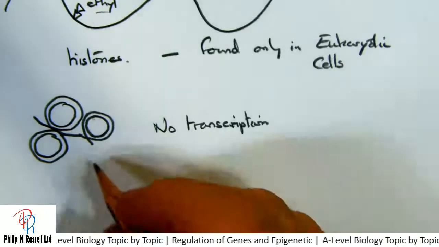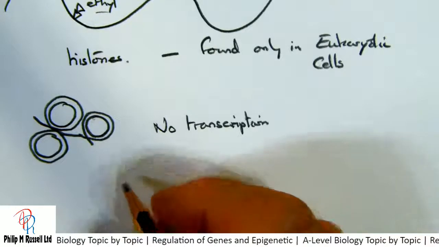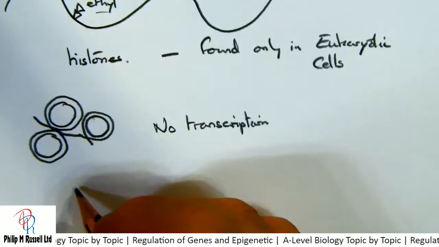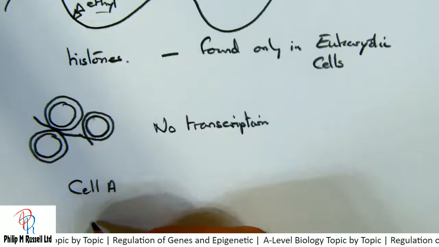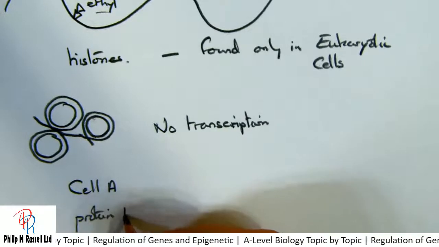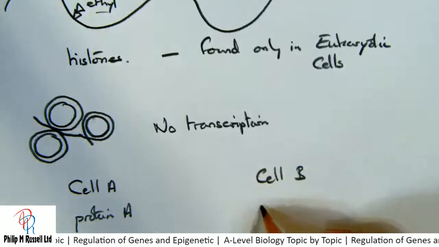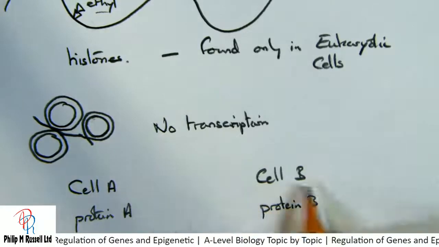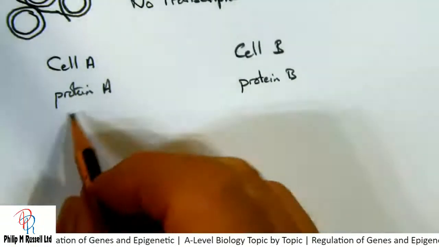So we've got a basic form of control, that if we are a particular type of cell, and cell A is going to produce protein A, and we've got cell B, and this is going to produce protein B, and these proteins give an idea of what this cell is going to be and what it's going to do.